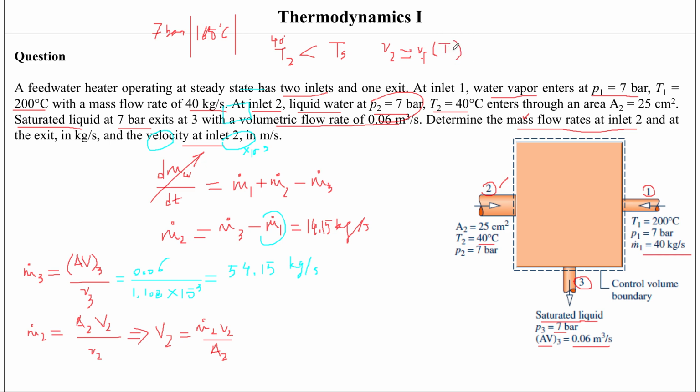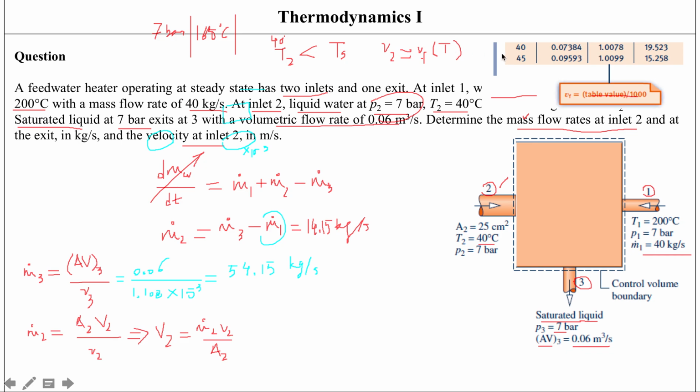So we go to table A2, and at table A2 across 40 degrees, in the third column, I can just pick out this value, 1.0078. This is the value for specific volume, and I have to obviously multiply it by 10 to the power minus 3.